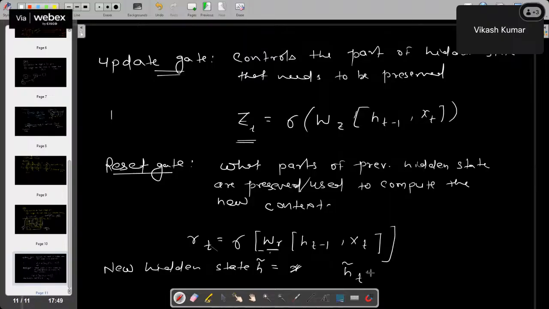This is the transient one. We have applied the tanh, and within that we have some weight vector, then the reset and the hidden input, comma, the input. So this is your new hidden state.